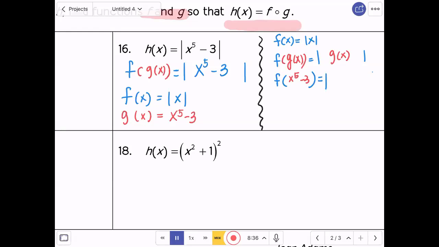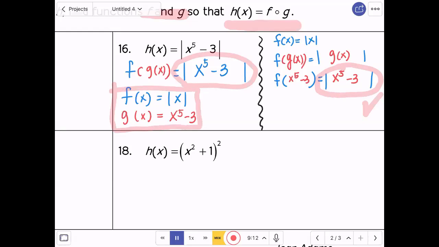It will be the absolute value of x to the 5th power minus 3. Comparing with the original function, the absolute value of x to the 5th power minus 3, yes, it is the same. So we can conclude that f of x is equal to the absolute value and g of x is equal to x to the 5th power minus 3.